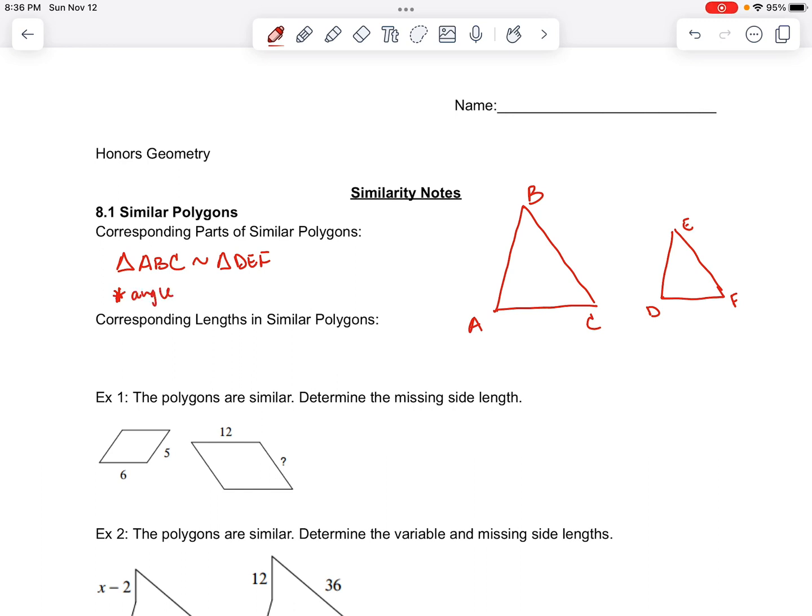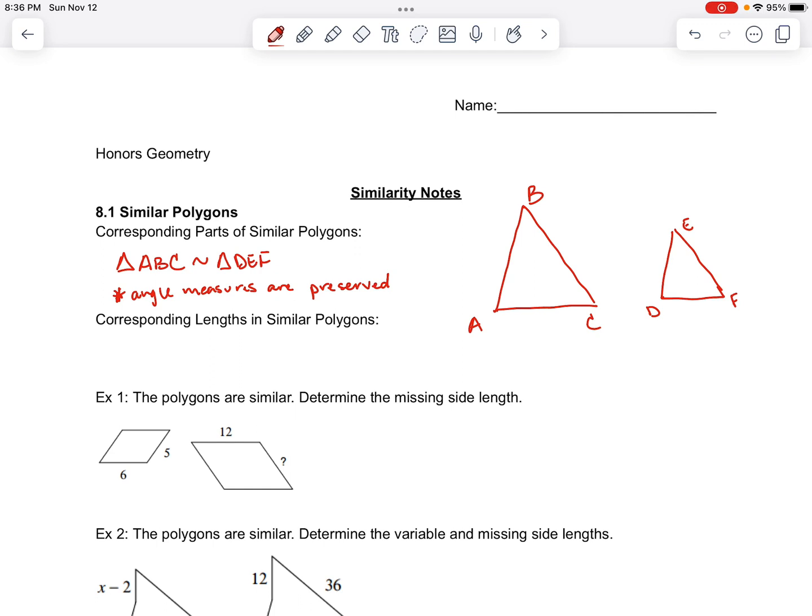Angle measures are preserved. And then the corresponding lengths, they have the same ratio. So for instance, AB, sorry, switch it up. It needs to be the other way around.